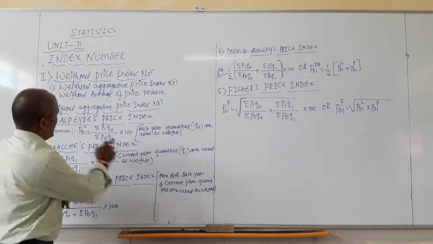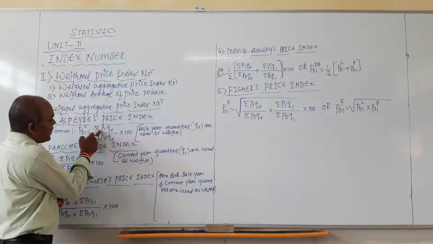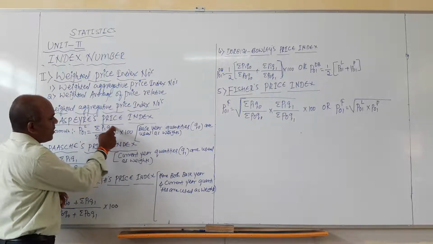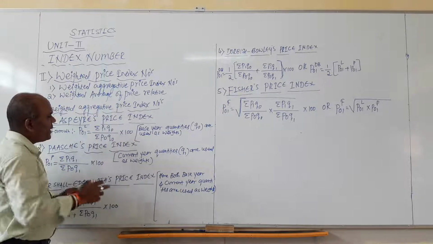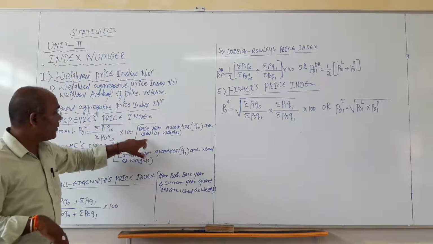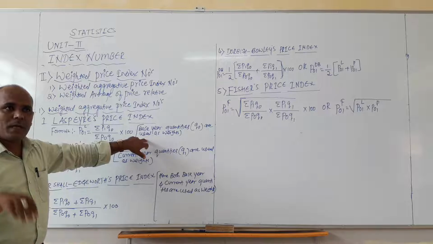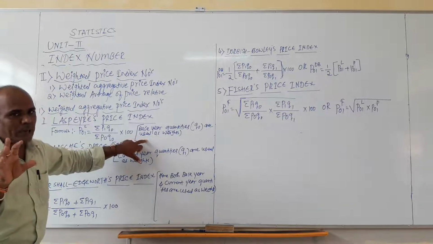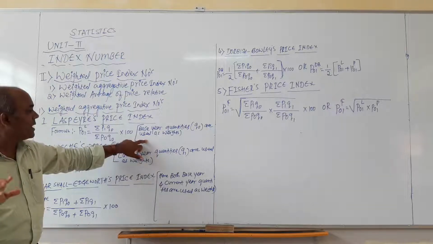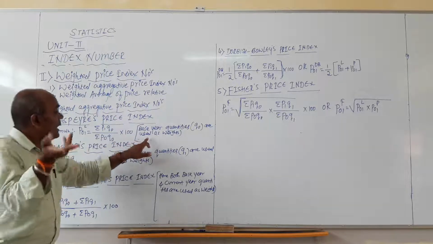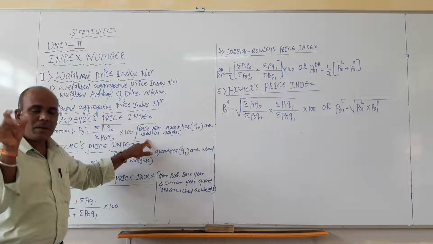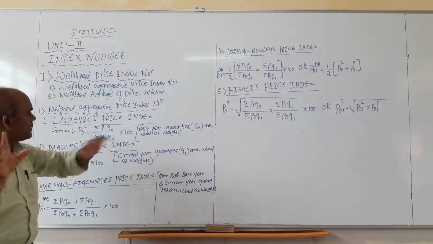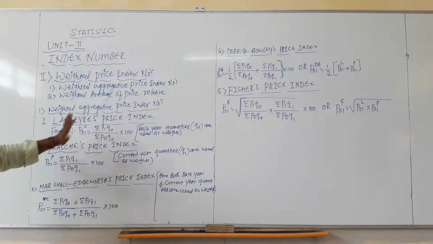Here P1 is the current year price, P0 is the base year price, and Q0 is the base year quantity. This formula takes base year quantities as weights for construction of index numbers. This is the formula for Laspeyres.